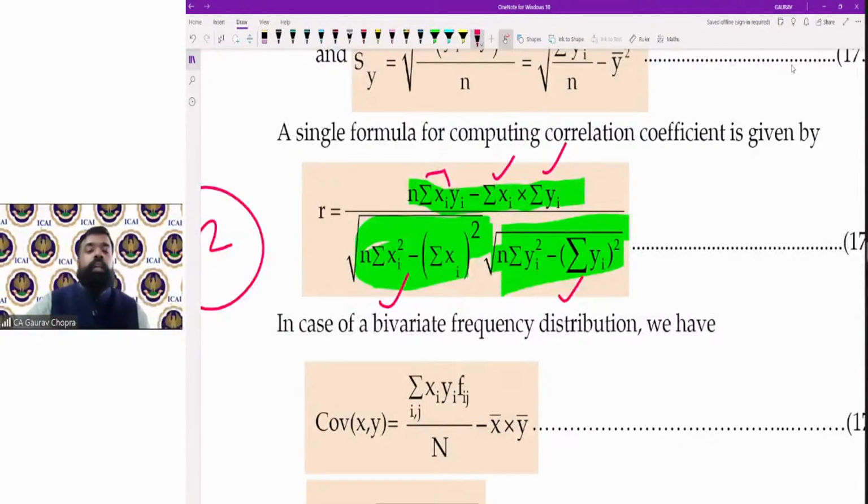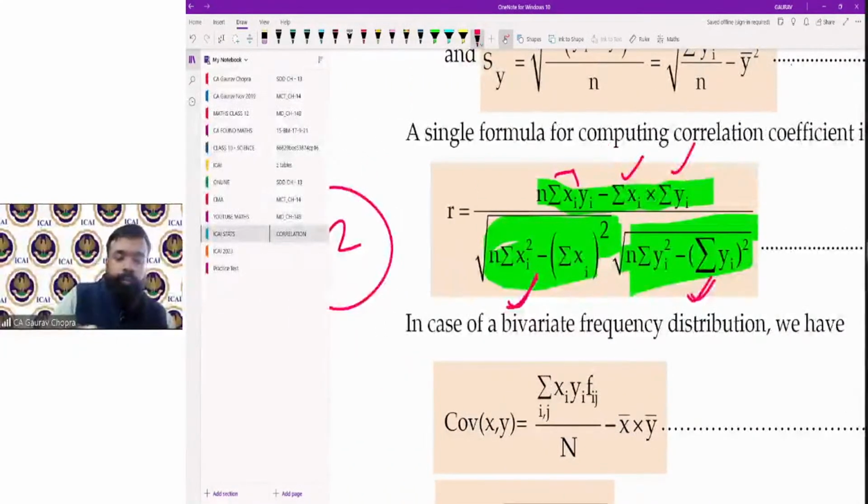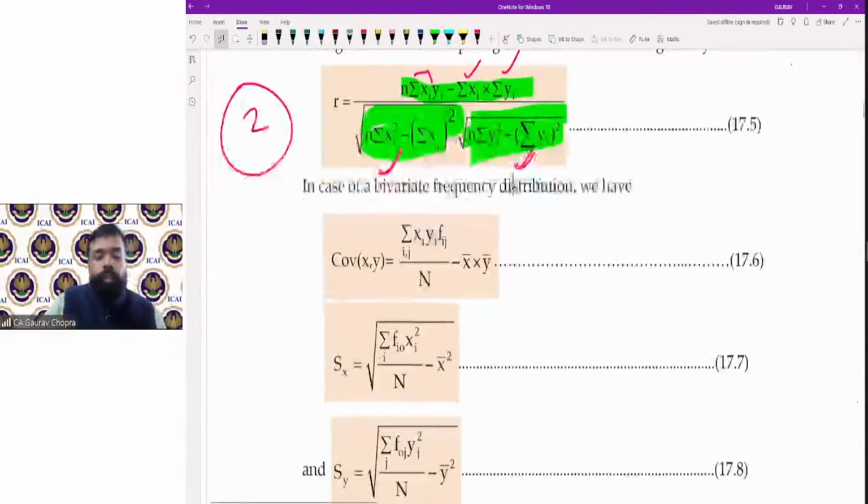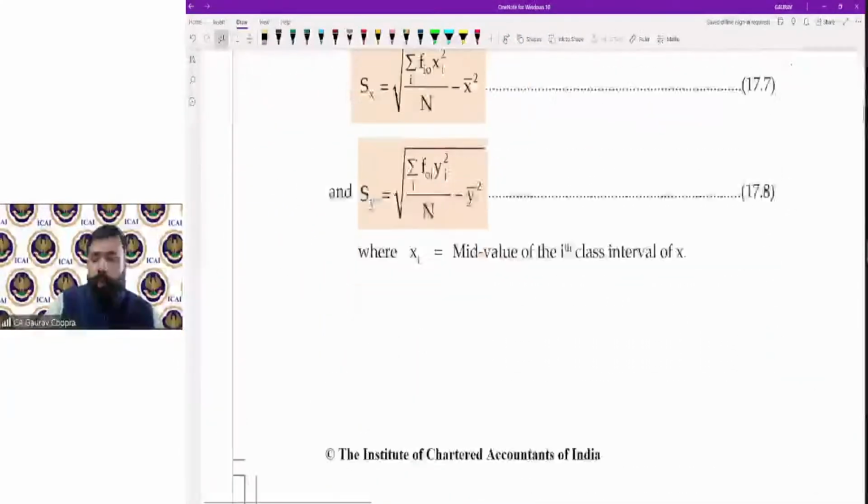So n sigma xy: n के आते ही xy की दोस्ती खत्म हो गई, तो सिग्मा x एंड सिग्मा y दोनों अलग हो गए, और उसके बाद में दोनों की अलग अलग फैमिलीज बन गई. तो फर्स्ट इज x फैमिली एंड सेकंड वन इज y फैमिली. So in this pattern, you can learn the formula. This is known as the summation method.